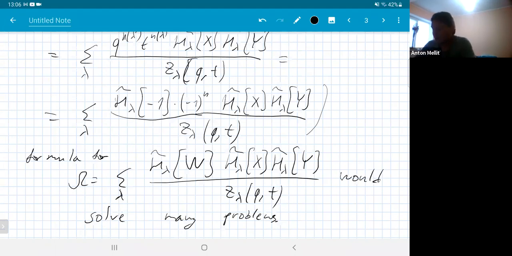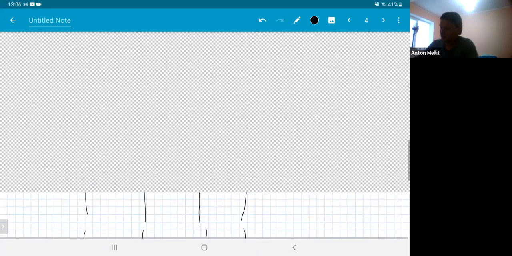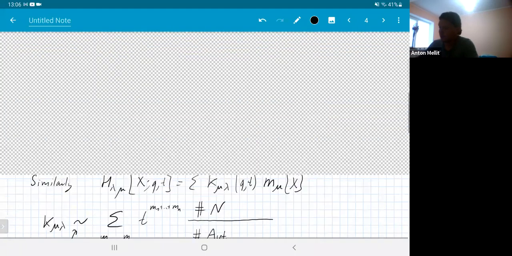That's my favorite generating function. Let's call it the master function, Nekrasov partition function, or many names. Okay, let's go to the next page.